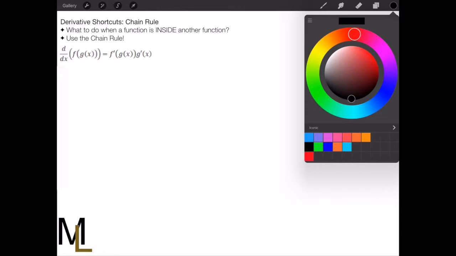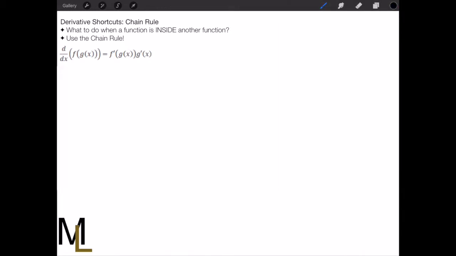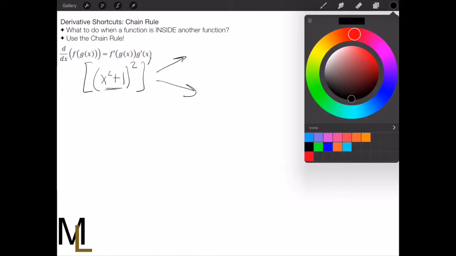Again, these are very challenging. So let's look at a different one where it might be x squared plus 1, all squared. We want the derivative of that. So again, we have a function inside another function. And the question is, what's the inner function, what's the outer function? I'll use the colors again.